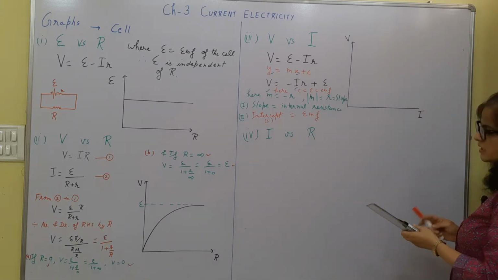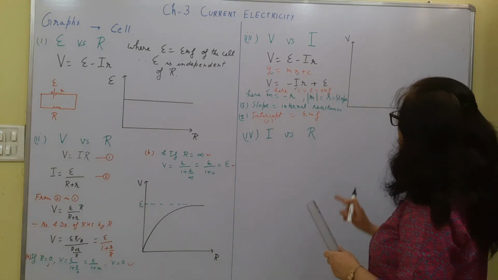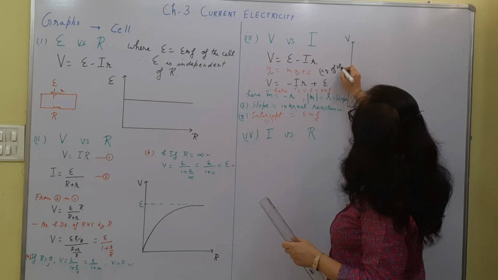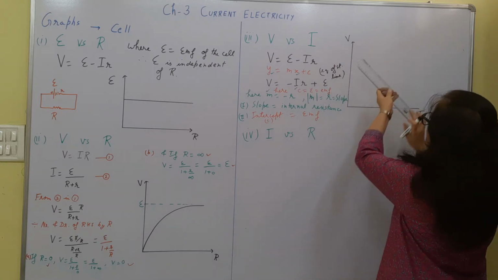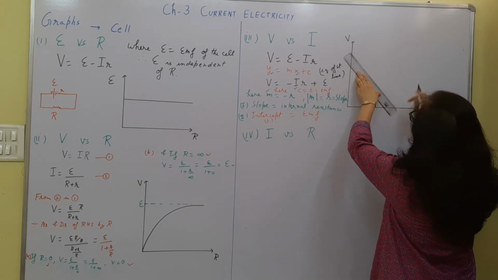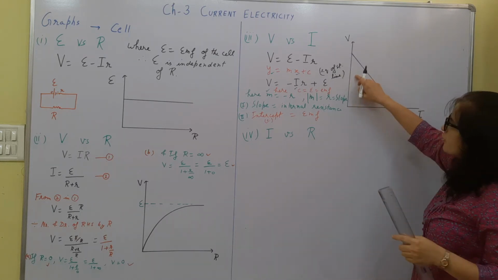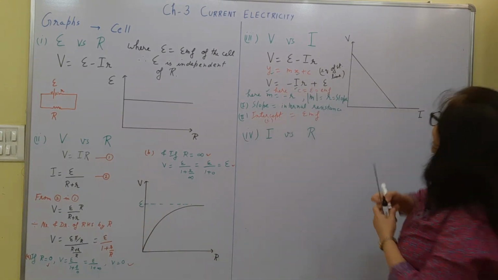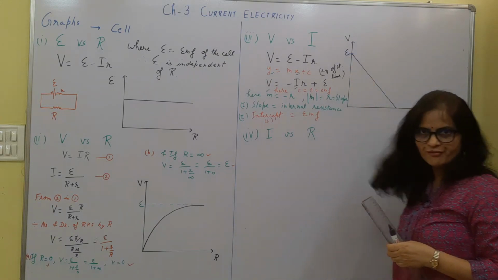And that means this graph will be a straight line, because y is equal to mx plus c is the equation of a straight line, and with the slope negative over here, this straight line will be like this. The intercept on the y-axis is EMF. So we can say that this point will give the value of EMF.